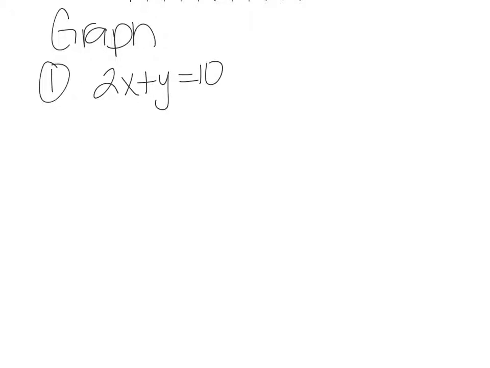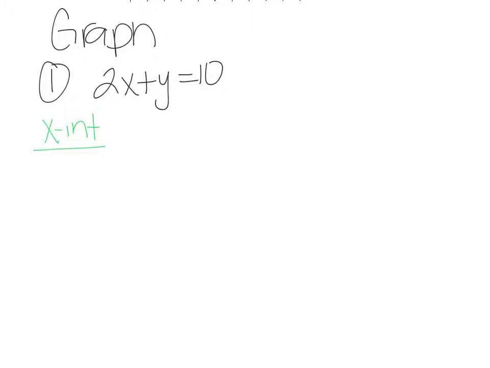Okay, so how many points do I need to graph this line? 2. Got to have 2. Okay? And it turns out that the 2 points that are pretty easy to find are the x-intercept and the y-intercept. So let's start with the x-intercept. What do we know about the x-intercept for any line? That y equals 0. No matter what this line looks like, when it crosses that x-axis, my value for y is 0.